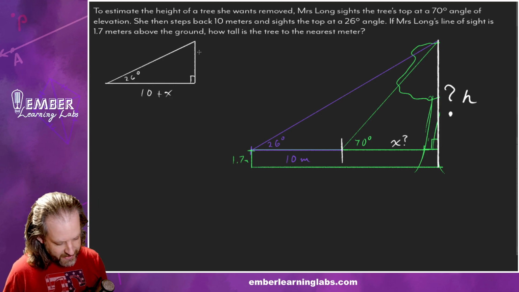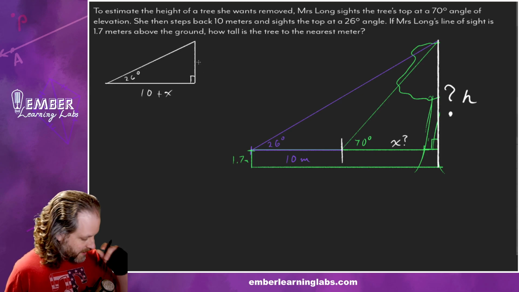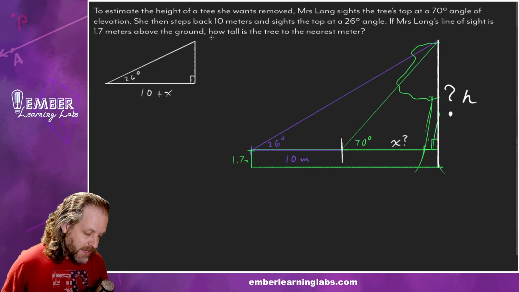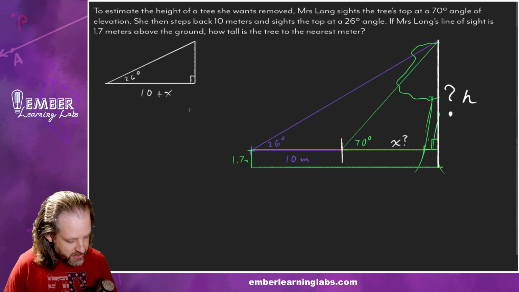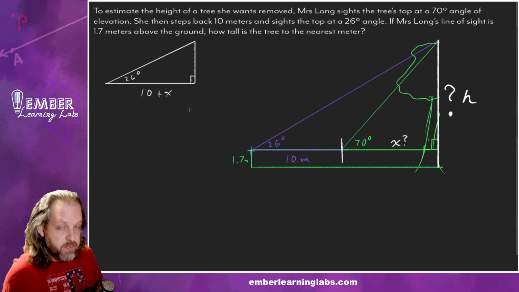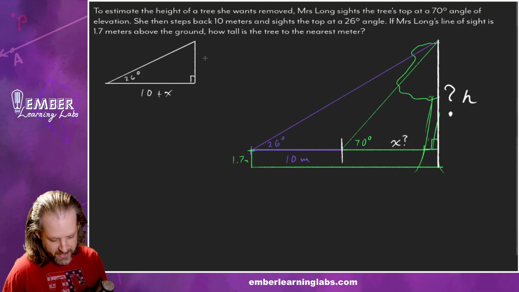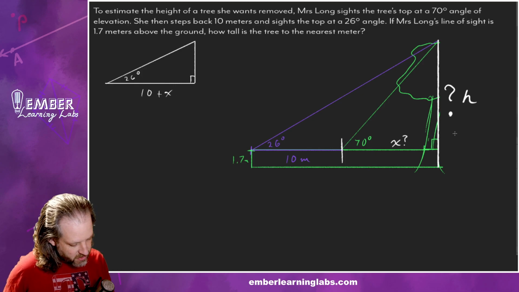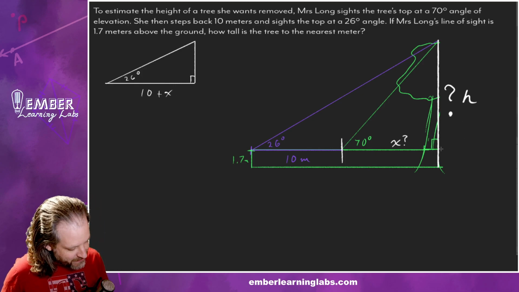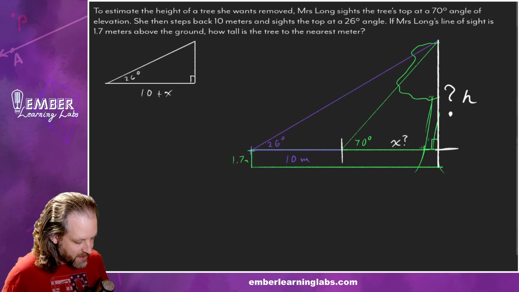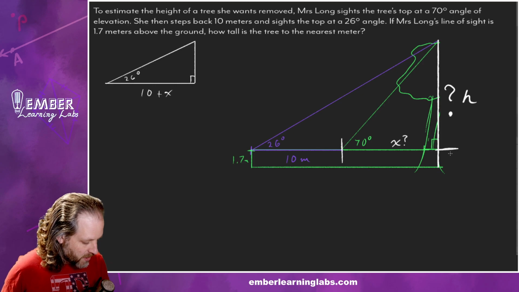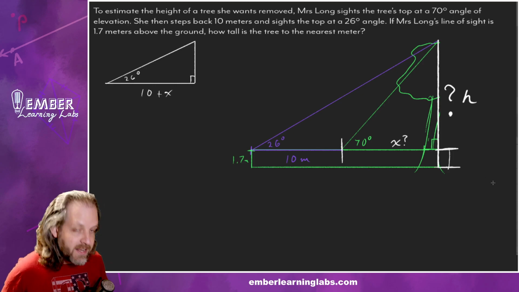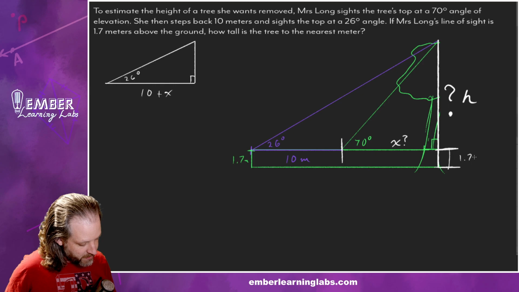And then this distance right here is our h. It's actually h plus 1.7, right? Because h is this height right here, we're going to find h using these two triangles, and then we need to add in that 1.7 meters of her height.